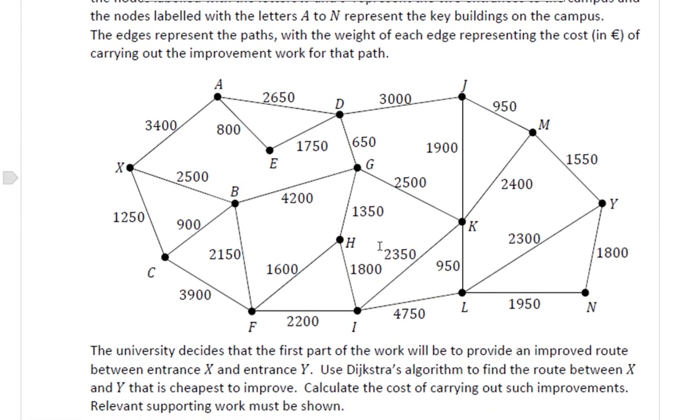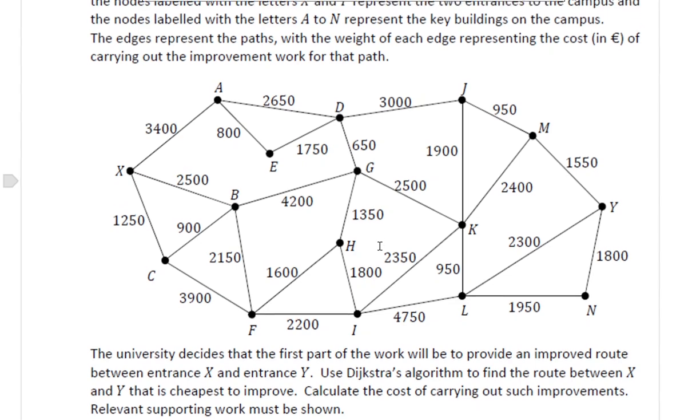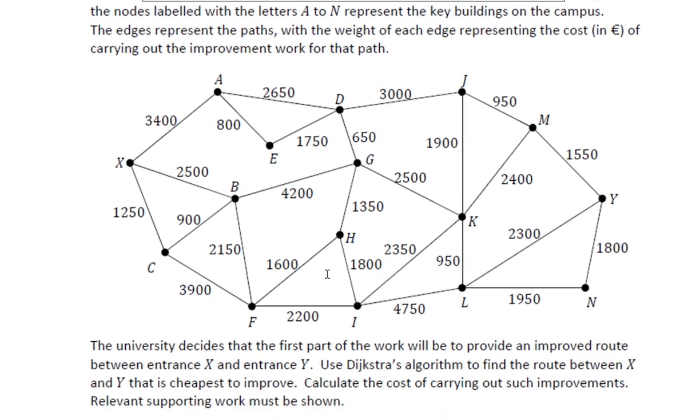So we have a bunch of nodes, x to y, and the weights of the edges are the cost to improve the path between those two nodes. The first part is to have an improved route between x and y. Use Dijkstra's algorithm to find the route between x and y that is cheapest to improve, and then calculate the cost of such improvements.